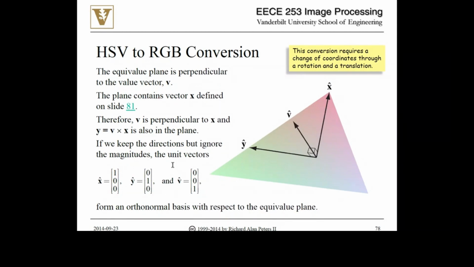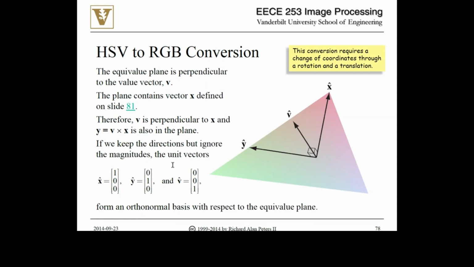Then we have the x vector, which goes from the gray point to the most red point. And then we have y, which is defined as perpendicular to the other two, so it is just the cross product between v and x.